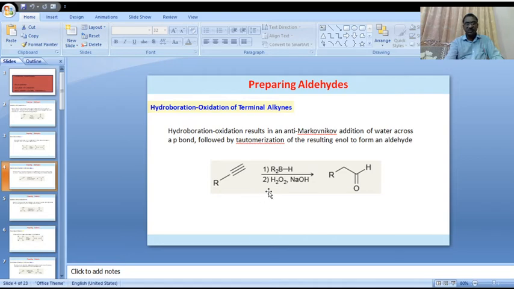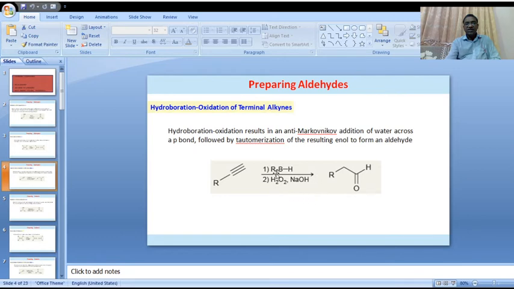Generally, in this hydroboration process, the alkyne reacts with water in the presence of borane.